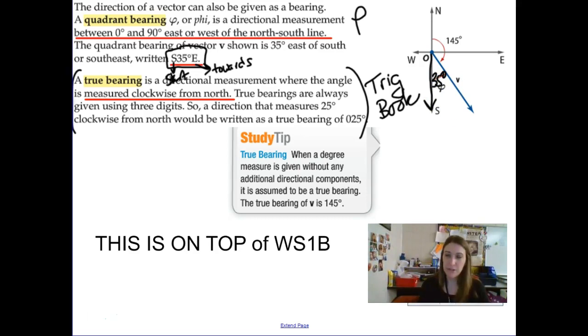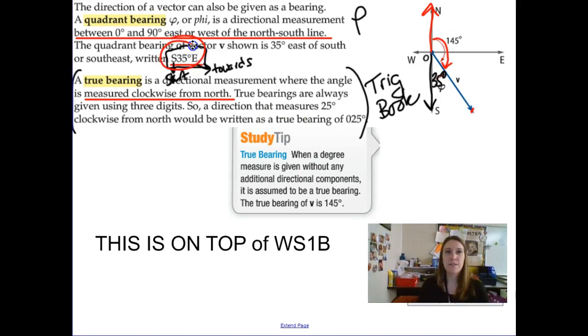So it turns out that vector has a direction of that, but we could also label it 145 degrees of a true bearing, because true bearings always go off of the north line. So if you start off the north line and then travel, you go clockwise, just to really mess with you, right? This is 145 degrees from here to the vector.